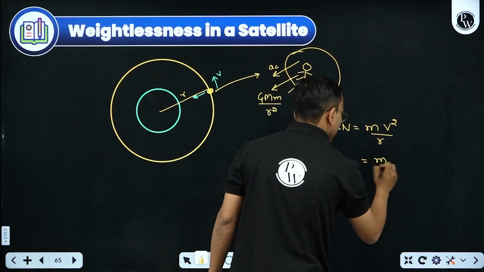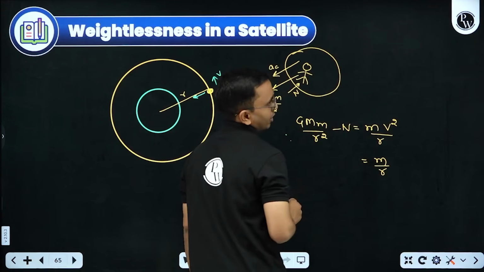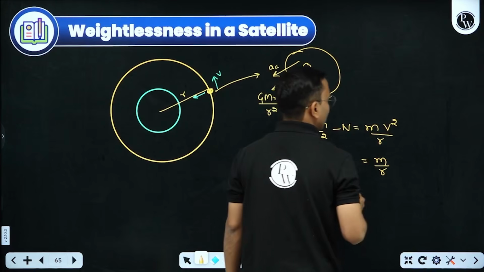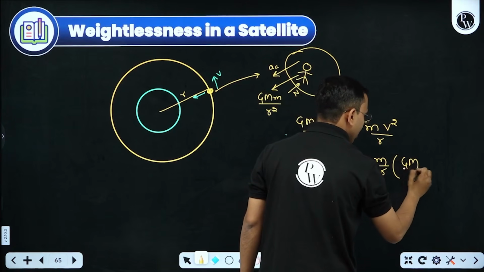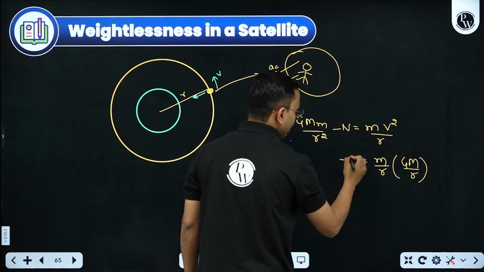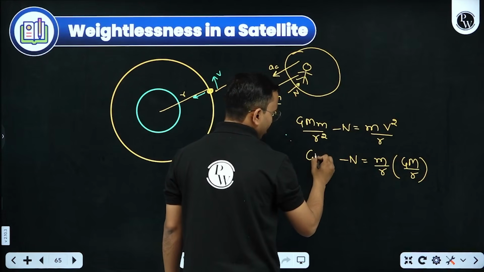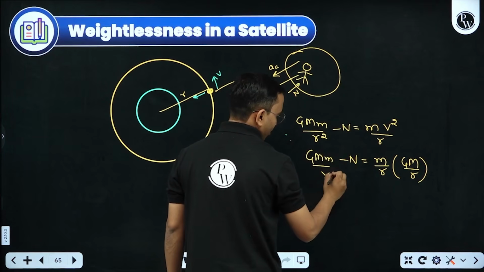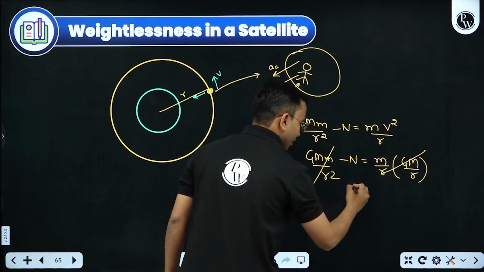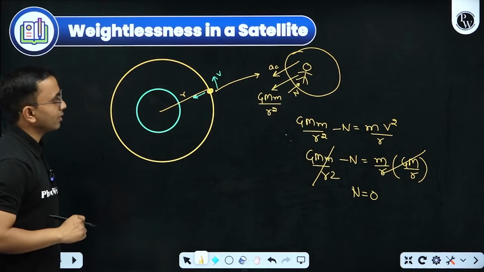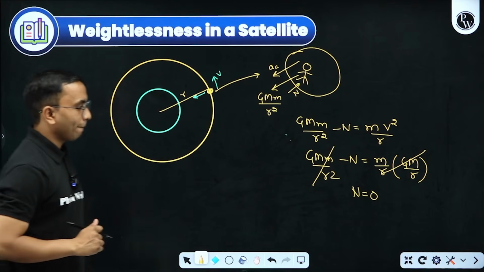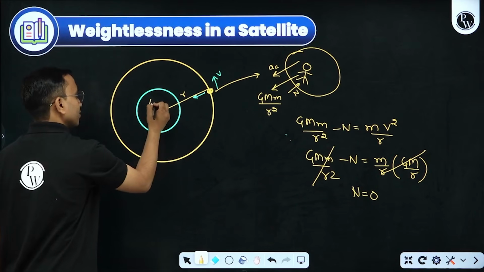What is the velocity of this astronaut? The velocity is equal to the velocity of the satellite, which is root of GM by r. So v square will become just GM by r. And N comes out to be 0. It will feel weightlessness. This is my Earth.